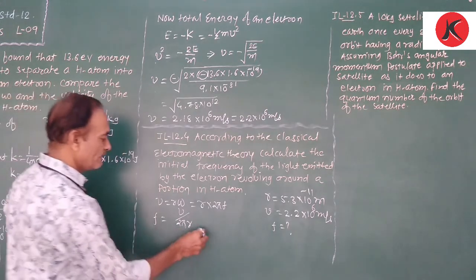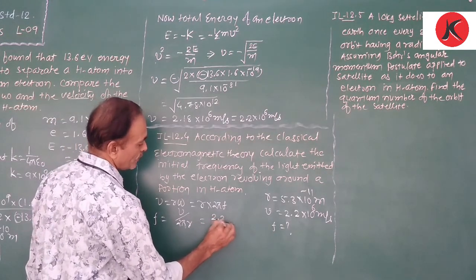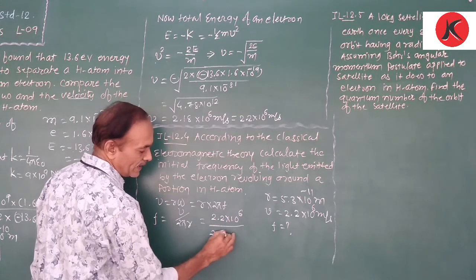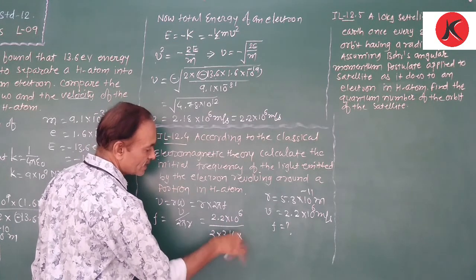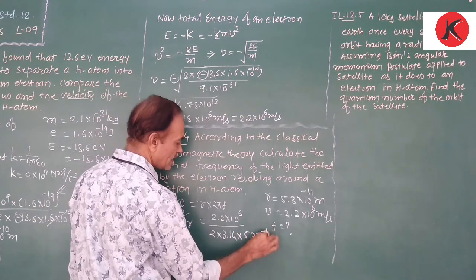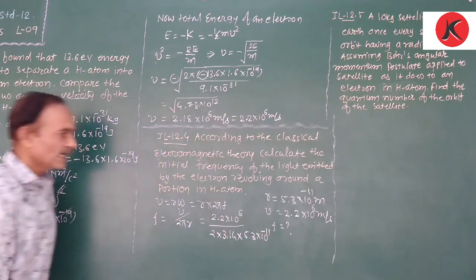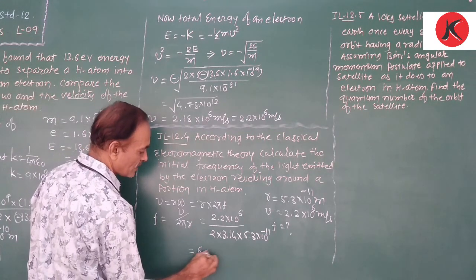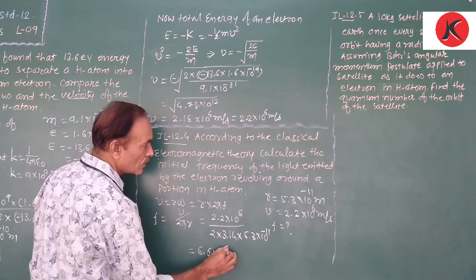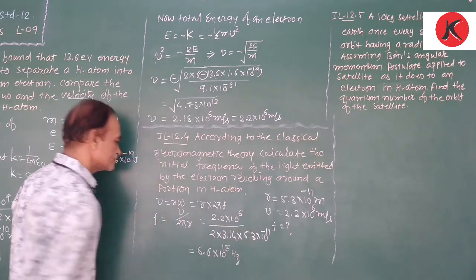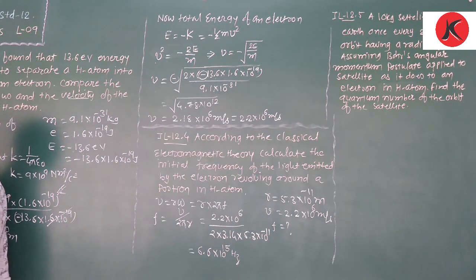Now we substitute the value of velocity 2.2 into 10 is to 6 upon 2 into 3.14 into radius 5.3 into 10 is to minus 11. As we simplify, we obtain the frequency is 6.6 into 10 is to 15 Hertz.